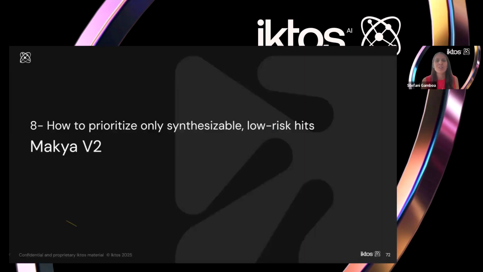And just to close and finish the webinar, the last topic that I want to discuss is that, of course, after you generate molecules, you need a tool that helps you to prioritize only those synthesizable, low-risk molecules. So now we are putting a lot of effort into developing a new version of our software, which is Makia 2.0.